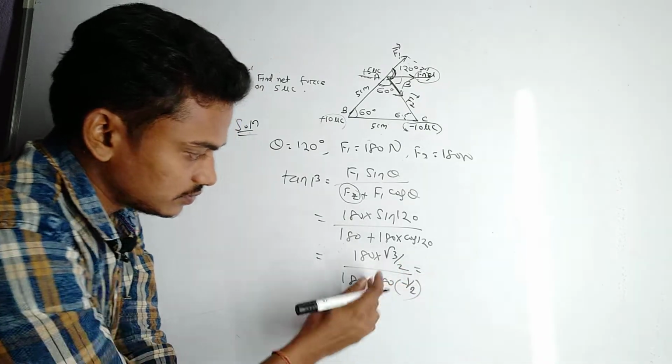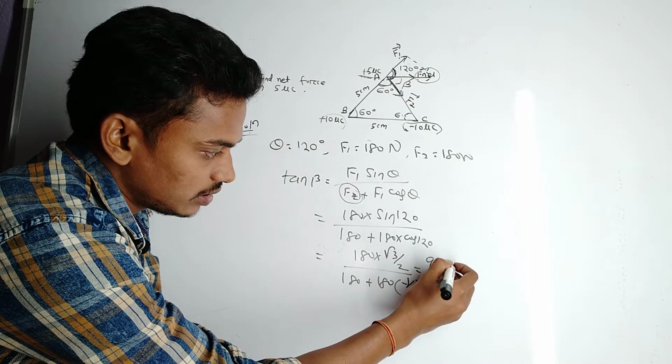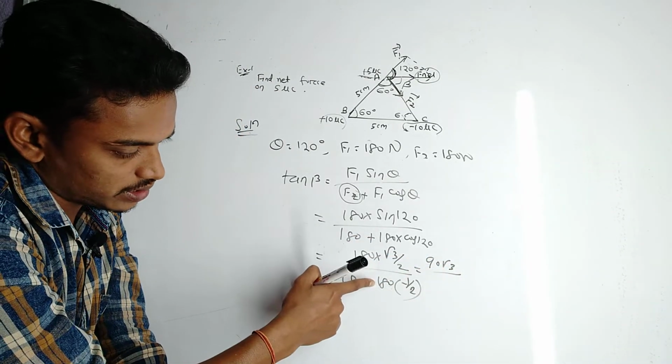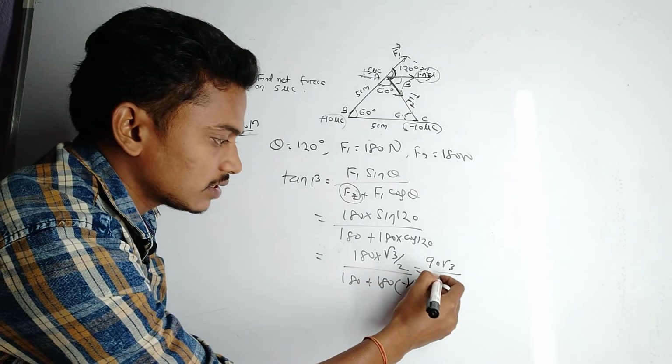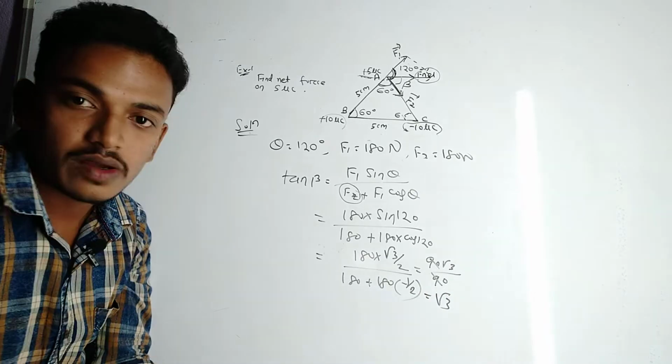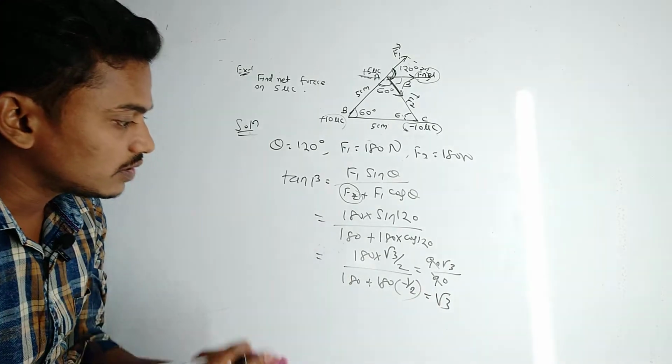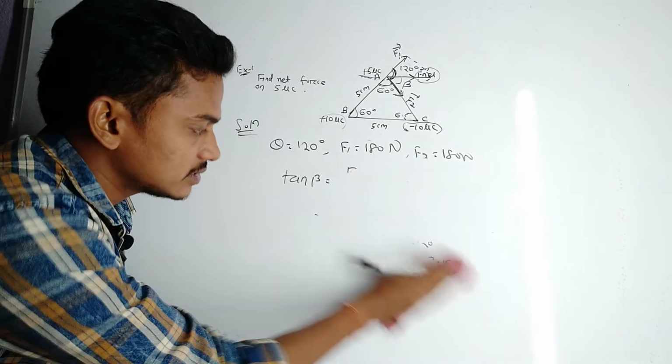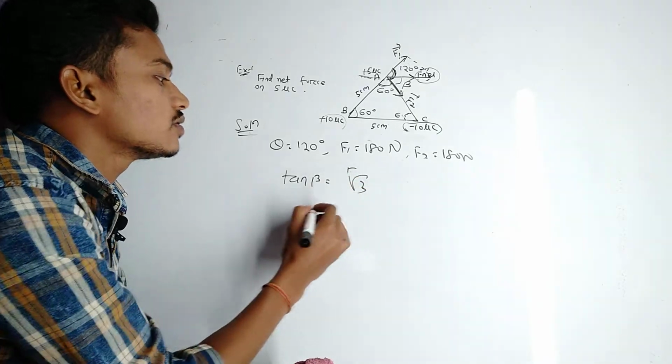So that is 90 root 3 divided by 180 minus 90, which equals root 3. So tan beta is root 3.